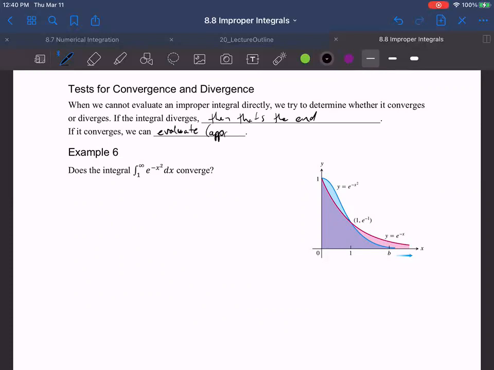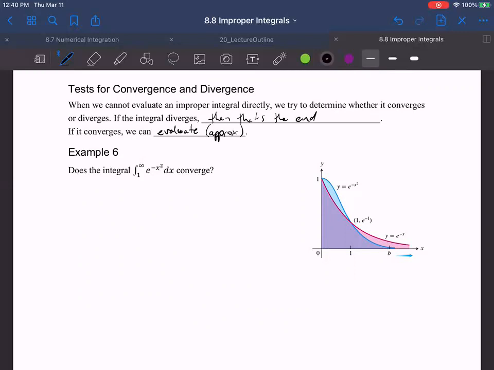And this doesn't necessarily have to be for ones that we cannot directly do, but even ones that might be hard, because you don't want to sit there and waste an hour doing an integral just to find out it diverged, right? So it may be worth it to you to check if it's a difficult integral. So let's look at this. Does the integral 1 to infinity of e to the negative x squared dx converge?